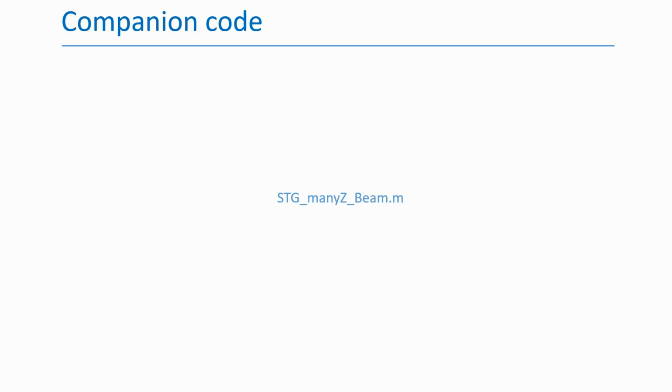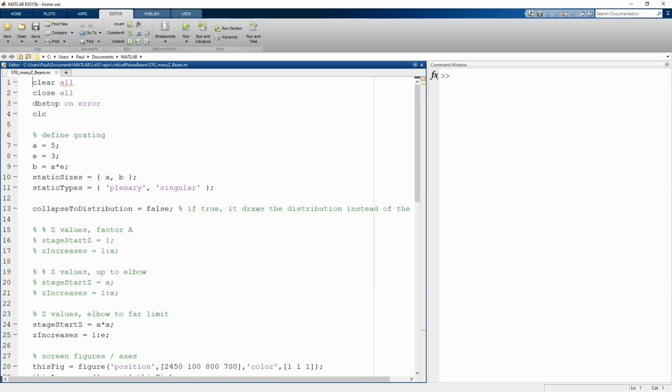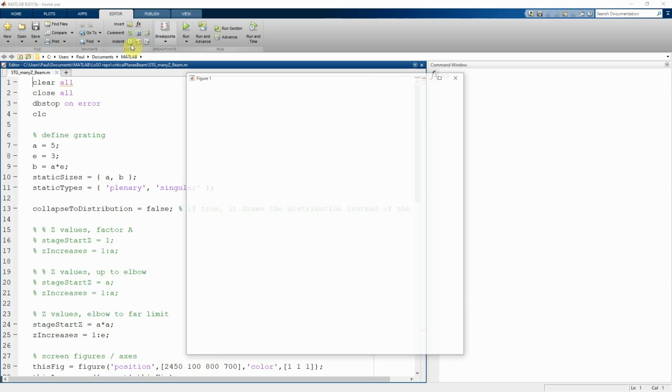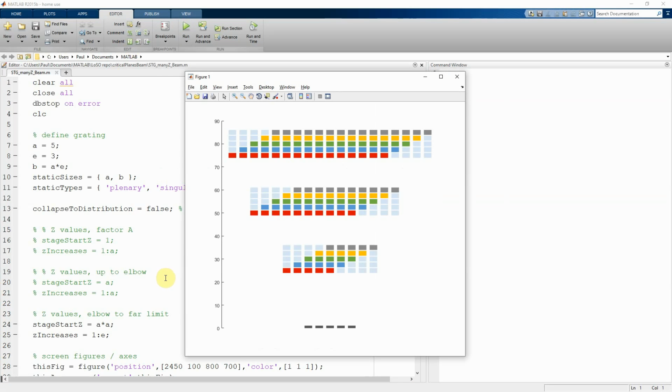You can download the companion code for this lecture to experiment with more examples on your own. Let's look at the file stg-manyzbeam.m. This code just reuses the components from the previous lecture, so the fundamental functionality is the same. The only difference is that it plots many planes all at one time.